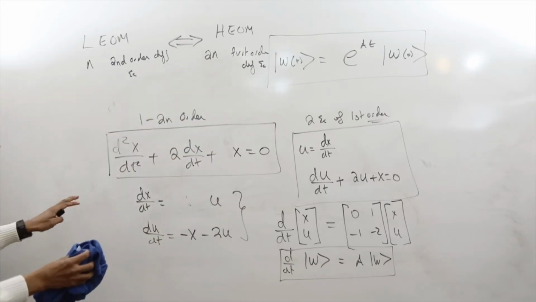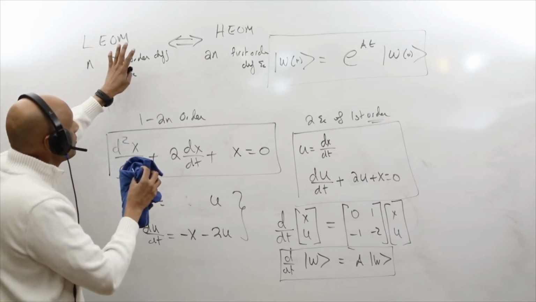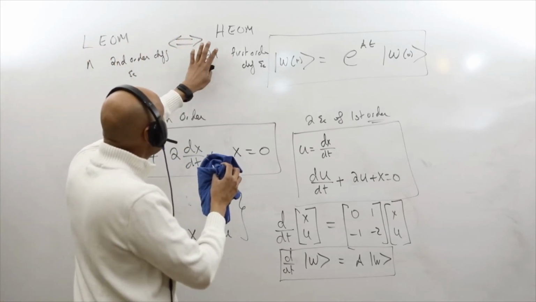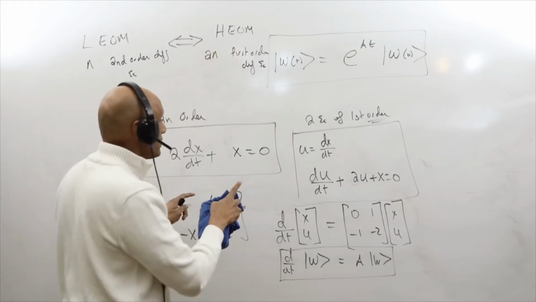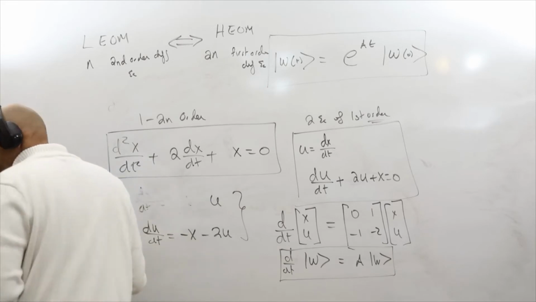Main idea: if you have n second order differential equations, we can convert them into Hamilton's 2n first order differential equations. And this is an example. So let me erase this.